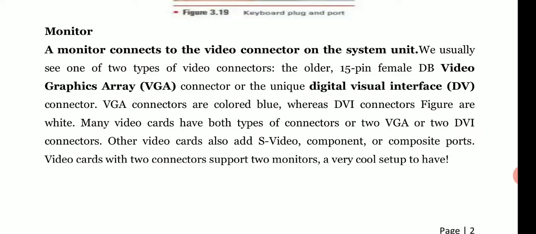VGA is for analog signals and DVI is for digital signals. VGA connectors are colored blue, whereas DVI connectors are white. Many video cards have both types of connectors, or two VGA or two DVI connectors, and other video cards also add S-video, component or composite ports. S-video and component are better than composite ports.